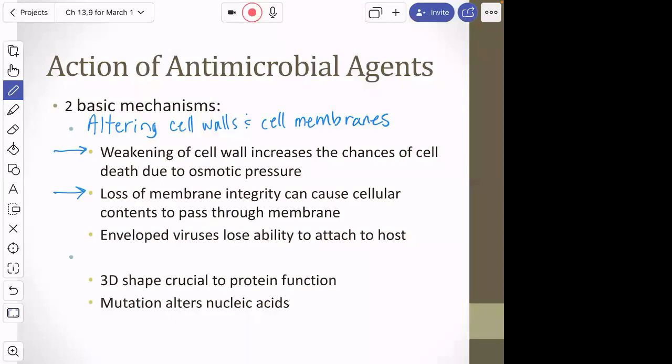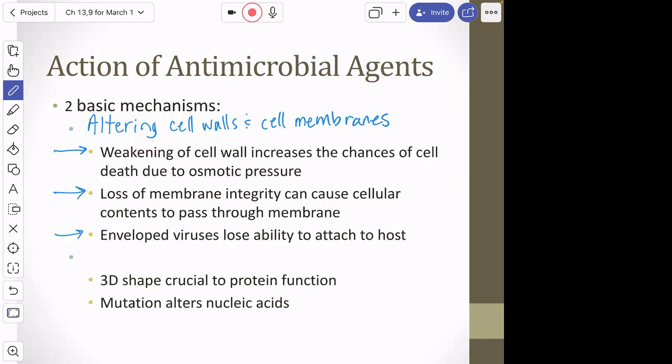If they're diffusing in wherever they want, then it's not going to get energy from that oxidative phosphorylation in electron transport chains. We only want the protons to come back in through that ATP synthetase. And of course, if enveloped viruses lose their membrane, then they can't attach to the appropriate host cell, and they're not going to be able to enter that cell and reproduce.